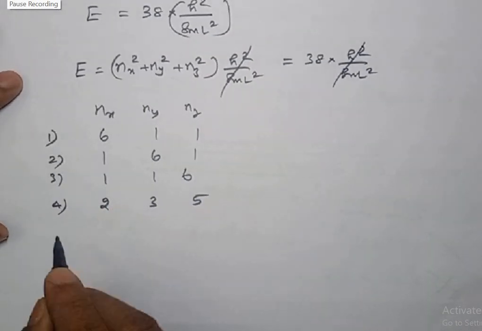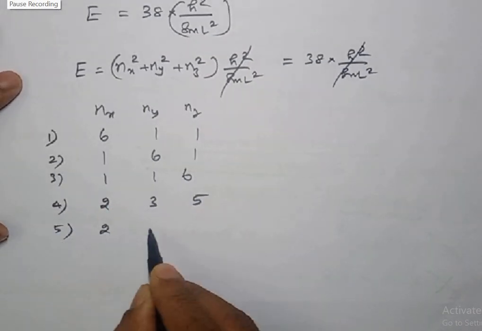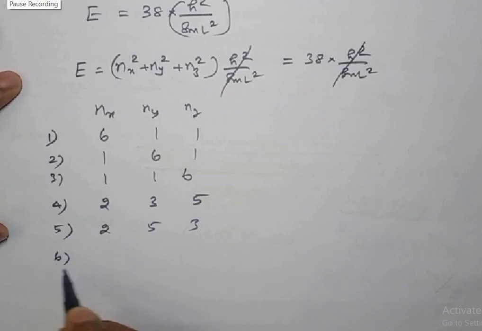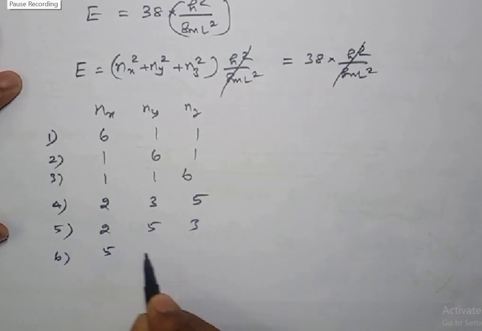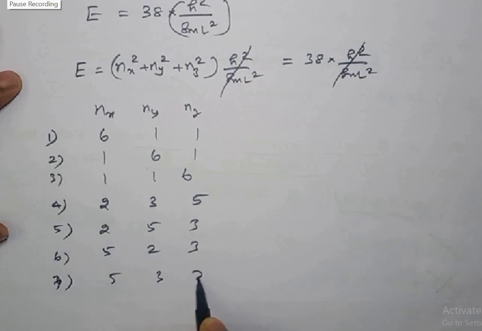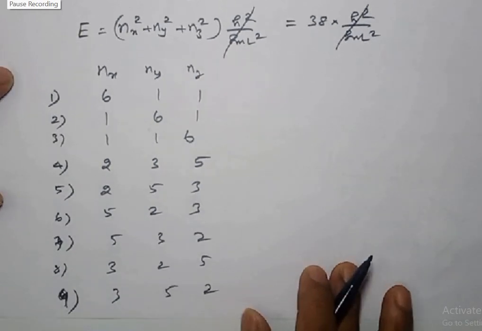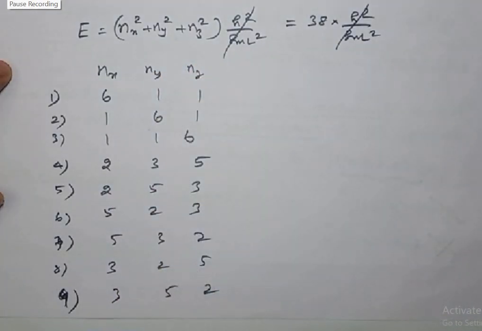This is 1. Then next possibility 2, 5, 3. Next possibility keep 5 in front. 5, 2, 3. Then 5, 3, 2. Then keep 3 first. 3, 2, 5. Then 3, 5, 2. Okay, so we have 9 possibilities.